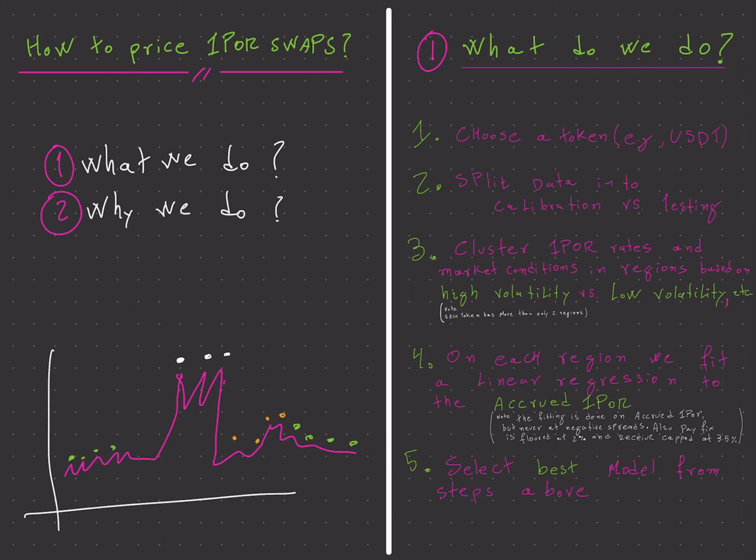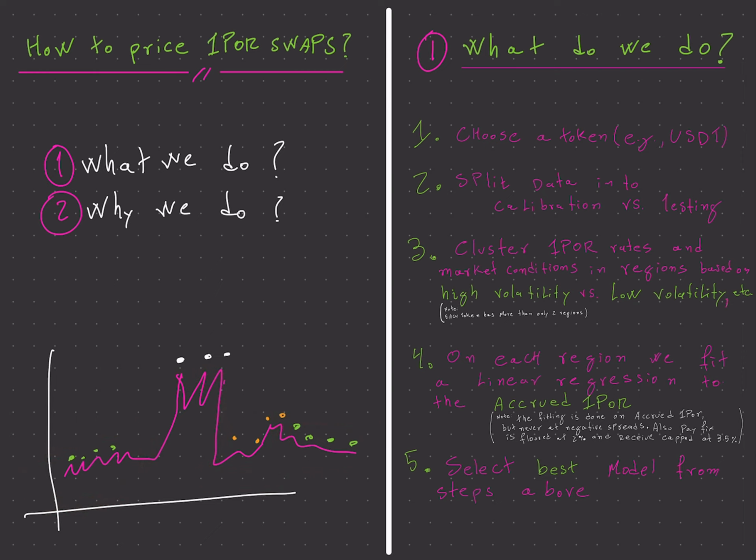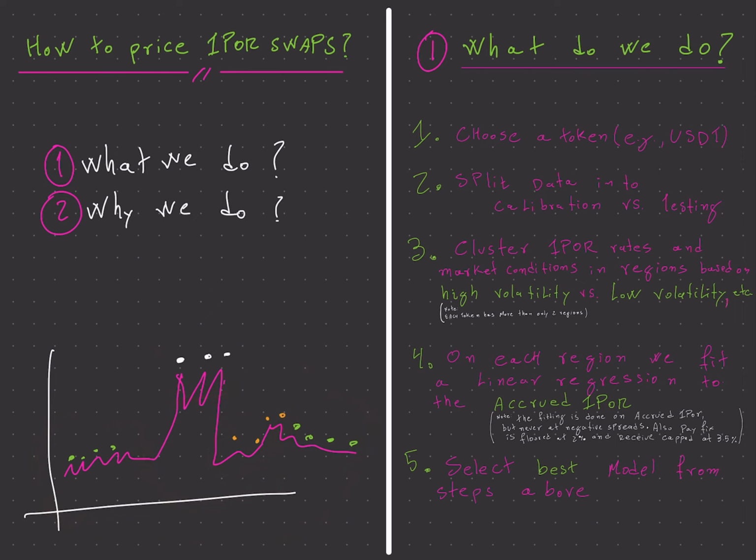We just go through the data point by point, and we find out that this region turns out to be low volatility, this region turns out to be high volatility, and this one turns out to be a medium volatility range. That's what we do first on this step, clustering this set of points into groups, in clusters, which is where the name comes from. So that's step 3: we get the data and split it into parts. In this particular example, we happen to have 3 different groups.